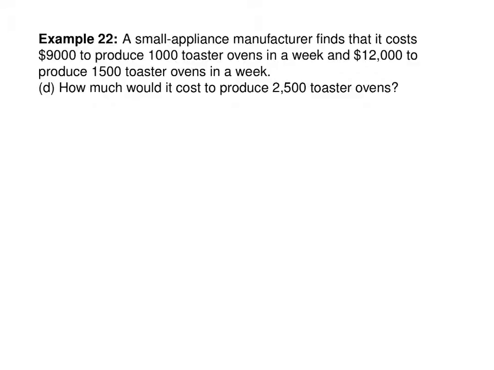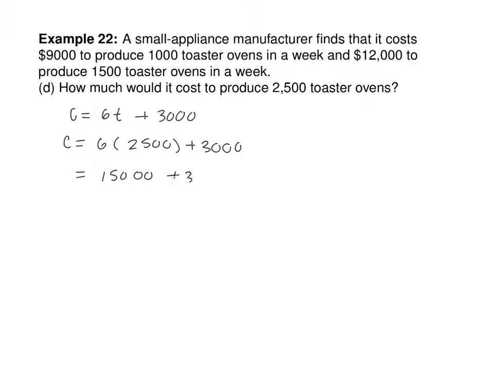So take your equation, which was C equals 6T plus 3,000. Where does that 2,500 go? In the T. So did we get 18,000, is that right? Okay, great.